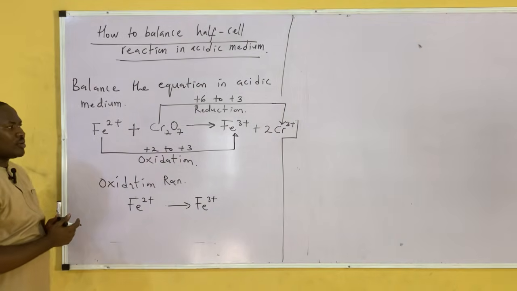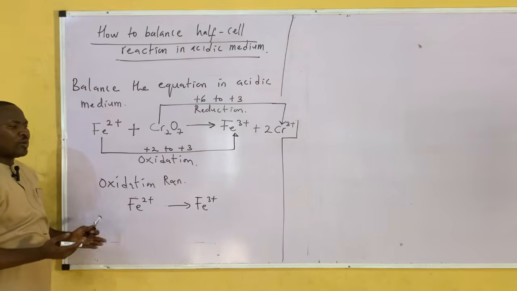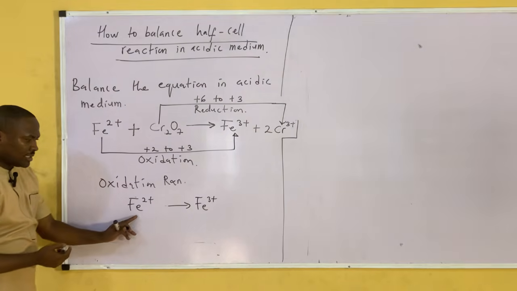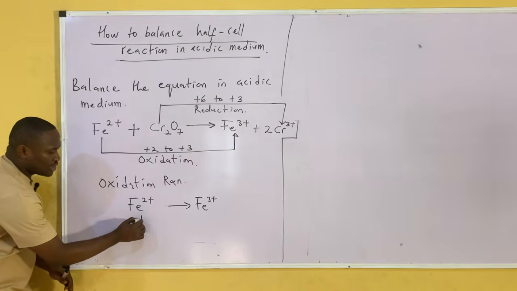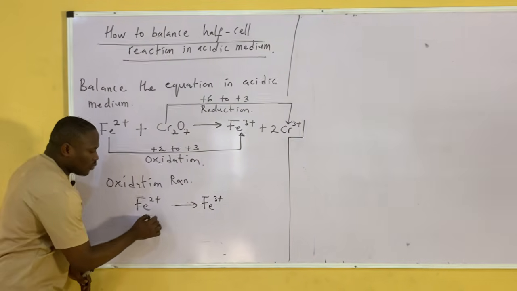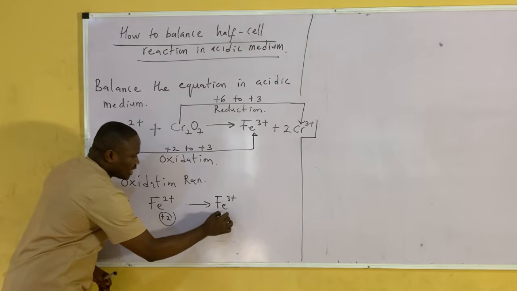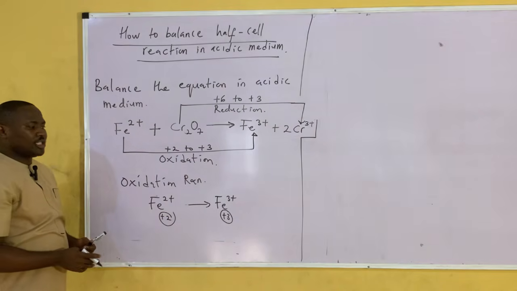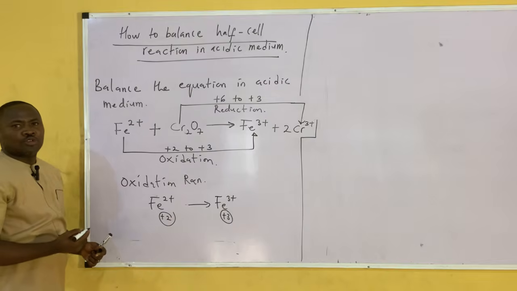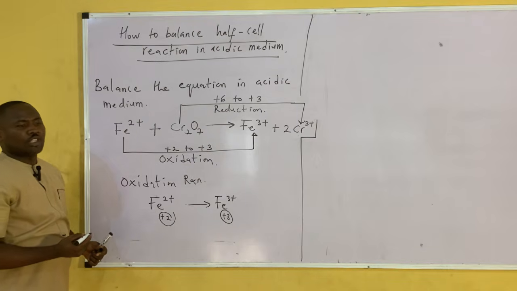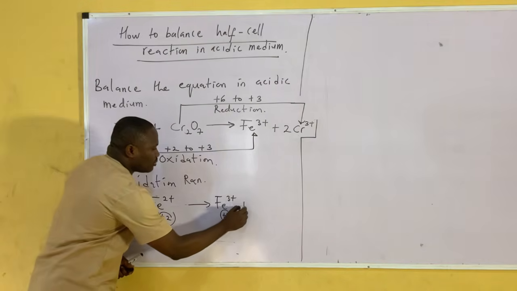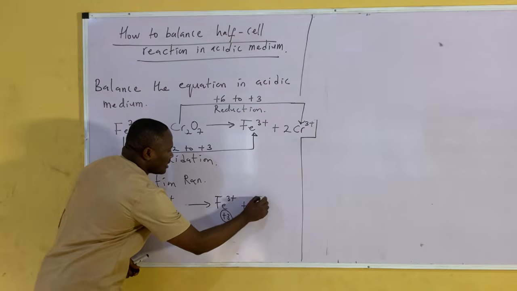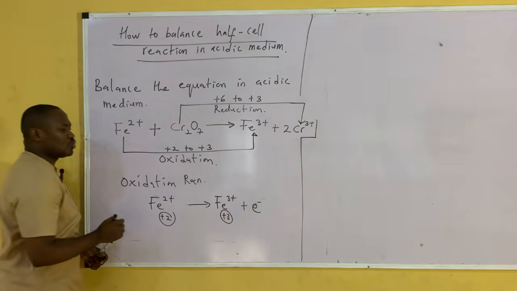Now, if this is what we have in oxidation, how will I balance this? This side has a total charge of plus 2, while this has a total charge of plus 3. What will I do to balance the charges? I will add electrons to the side with the higher charge, meaning I will add 1 electron. That's 1 e-.